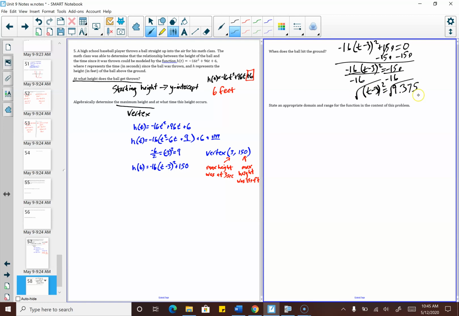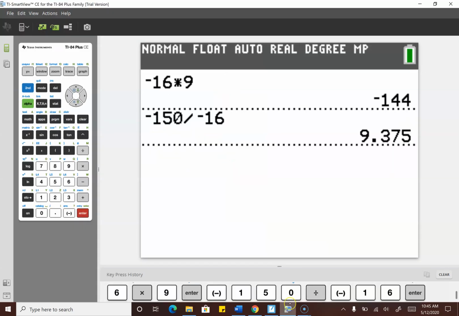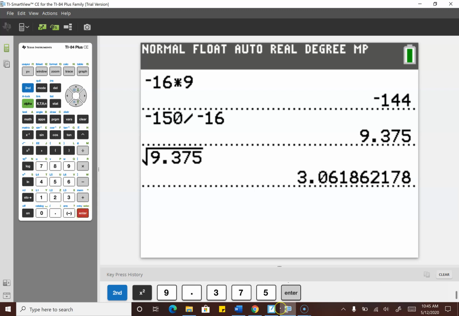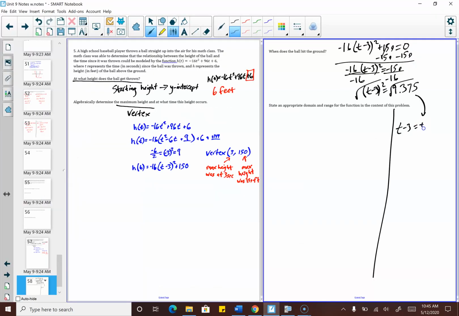Square root both sides. So I get t − 3 equals, now there's a really good chance that number does not give us a perfect square of any kind. So I'm just going to leave this as plus or minus the square root of 9.375. I'll add the 3 to both sides, and we get t = 3 ± that square root.